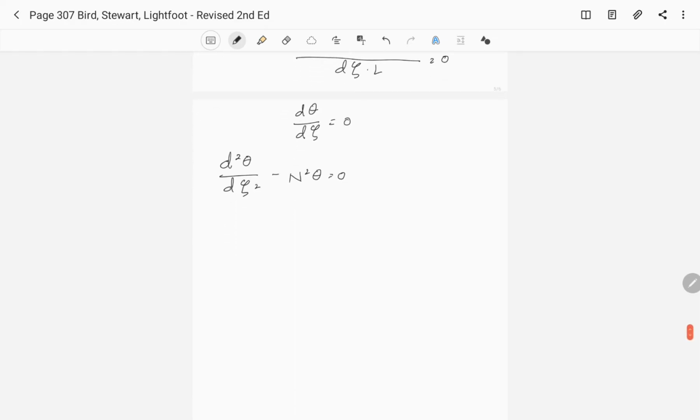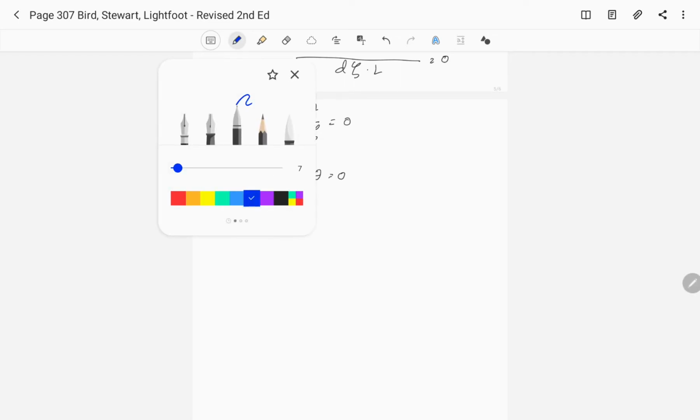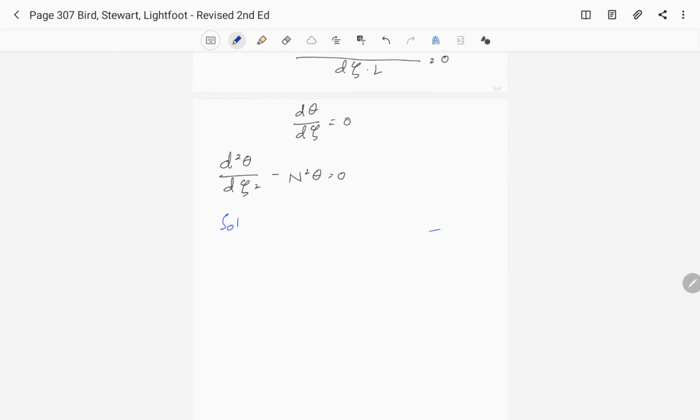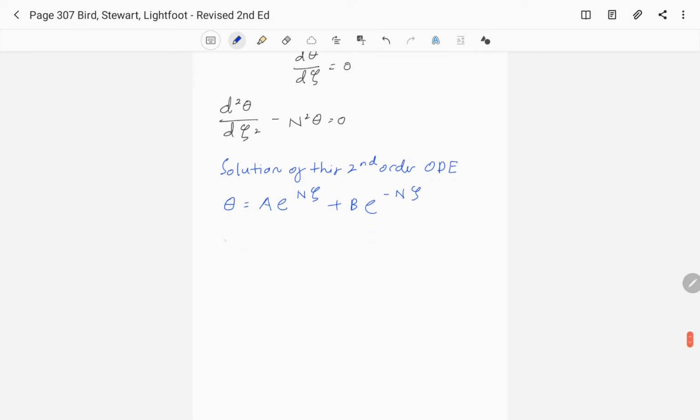Without going into the details of the solutions, we can show that the solution of this second order ODE can be in terms of theta equal to exponential of this plus this, or alternatively it can also be expressed in terms of theta equal to c cosh n of the dimensionless distance plus d sinh n of the dimensionless distance.